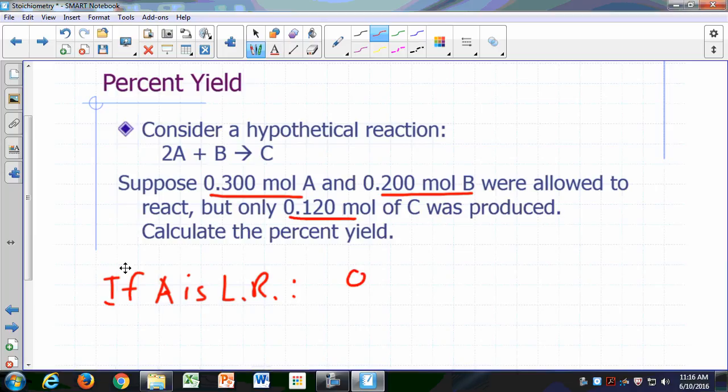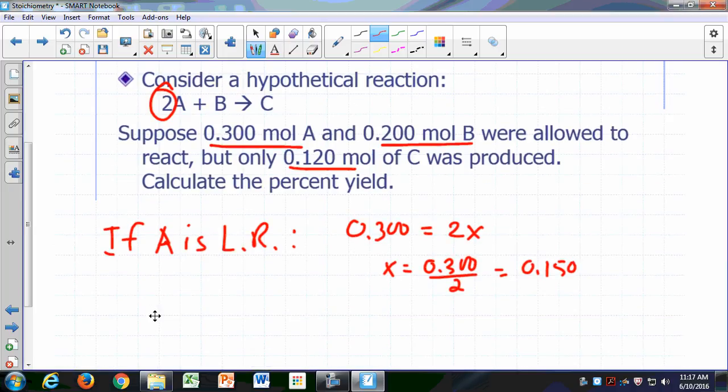You're going to say 0.300 would be equal to, all of that would be gone, so that's going to be equal to 2x, right there. So our extent of reaction is going to be 0.300 divided by the coefficient of 2, which is going to be 0.150 moles.